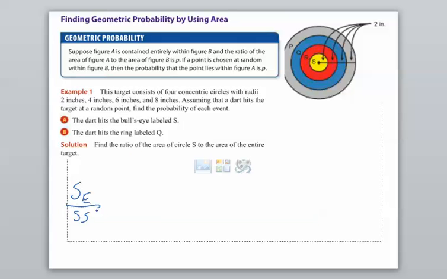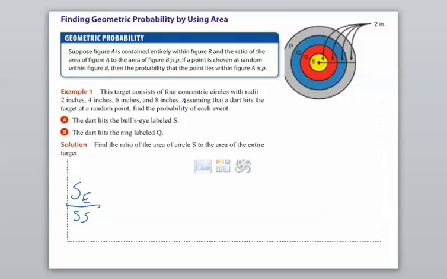So in a particular situation, suppose a figure A is contained entirely within figure B. The ratio of the area of figure A to the area of figure B is the probability. So, because it also lies within the figure, if you pick a point in figure B, it would also be in figure A.